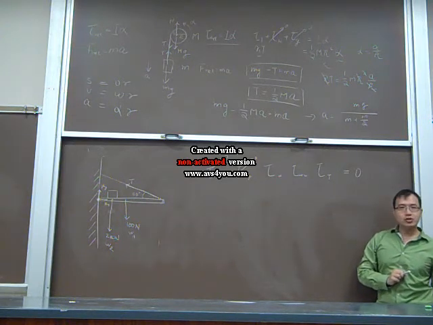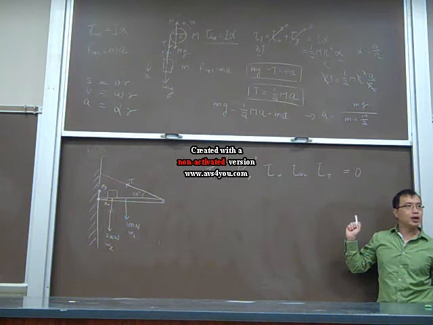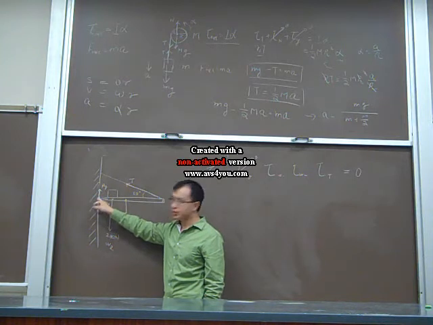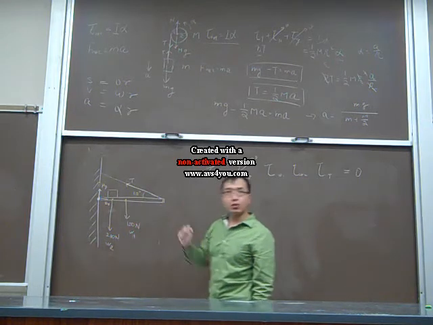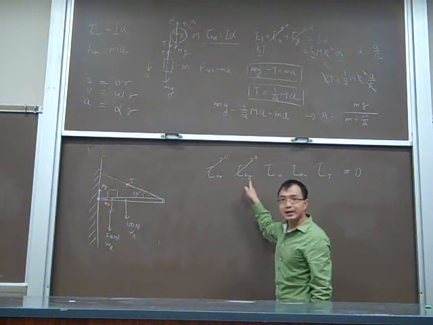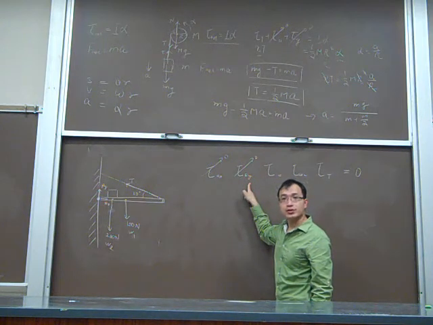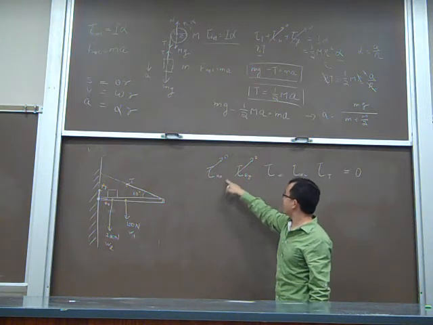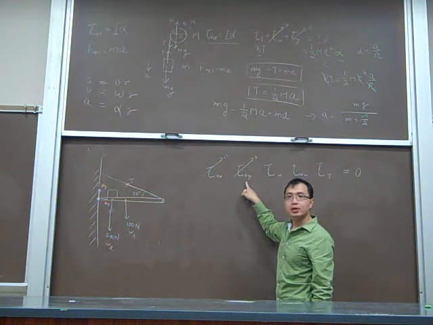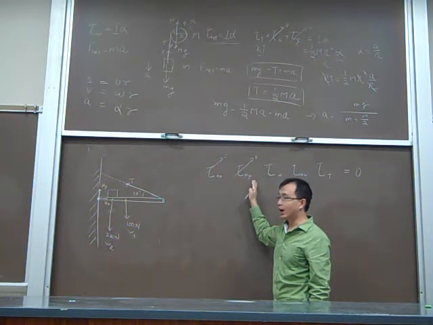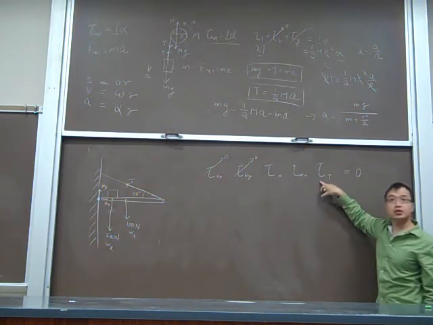This kind of supports why this is our best choice, because there are 2 forces going through here in this equation. And by the way, more importantly, Nx and Ny are the unknown forces. So the torque produced by Nx and Ny will be 0, and the 2 unknown forces, Nx and Ny, will not appear in this equation.